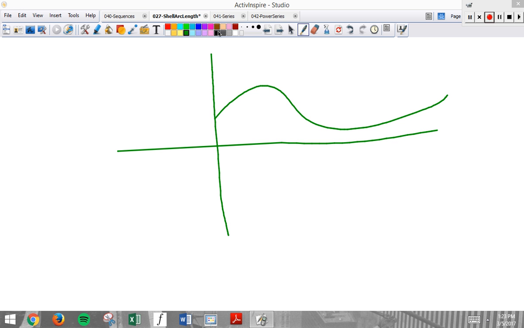Along this curve, I would like to calculate the length of a little tiny piece. A key idea of calculus is that the length of a little tiny piece is linear. Okay? That's a linear piece.